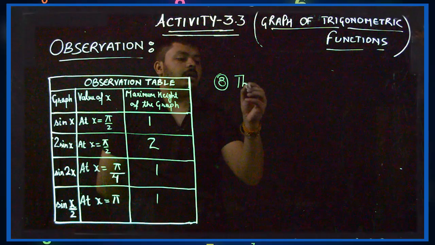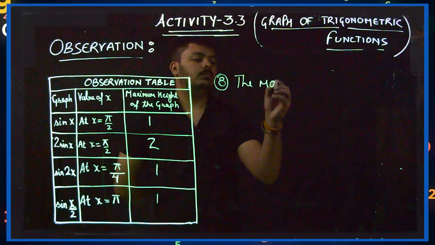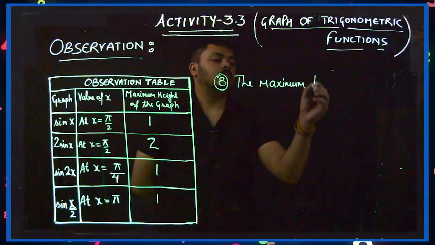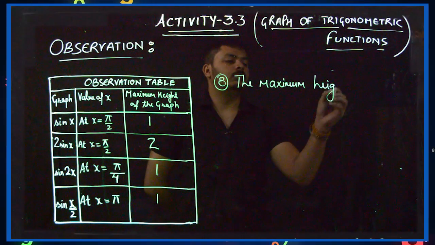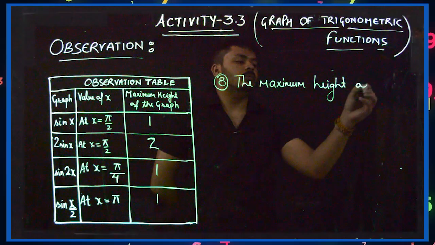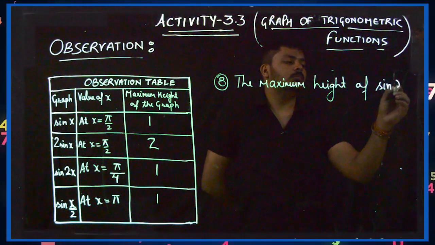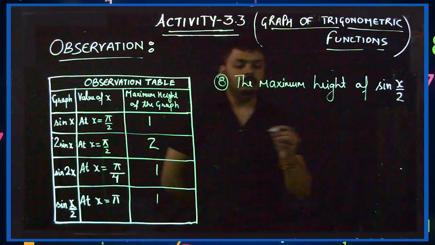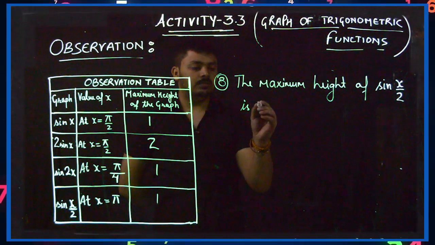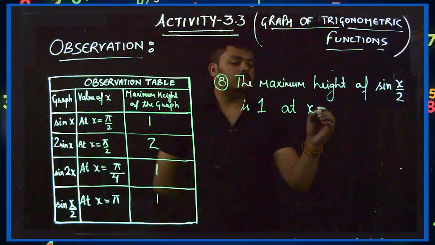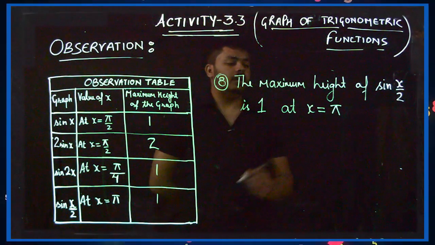The maximum height of sin x by 2 is 1 at x equals to pi.